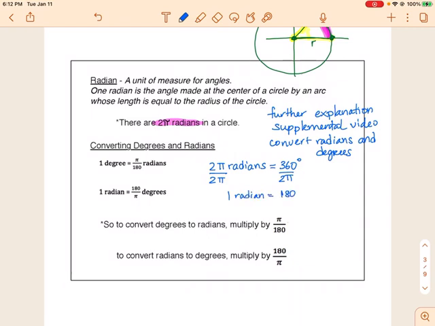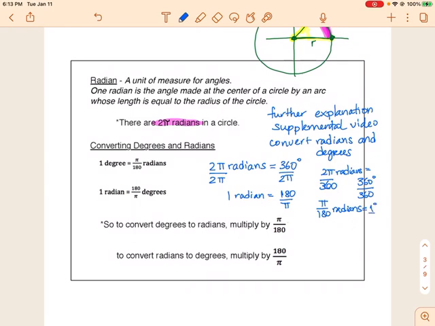And I'm going to keep it in pi terms. If I take 2 pi radians and I want to know how many radians is 1 degree, then I divide both sides by 360. Oops, it's a 6. So I have pi over 180 radians equals 1 degree.